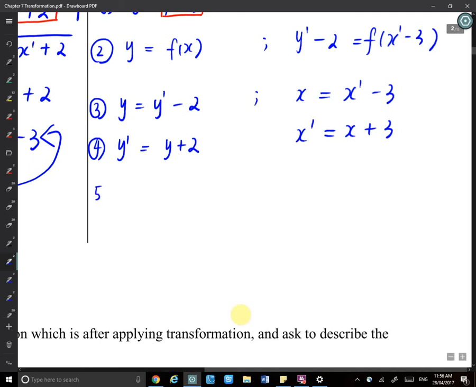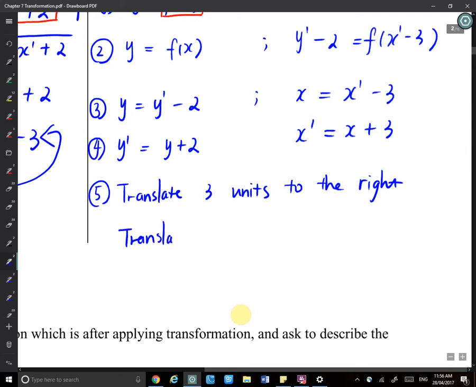So number 5, I'll describe it. That will be translate 3 units to the right and translate 2 units in the positive direction.